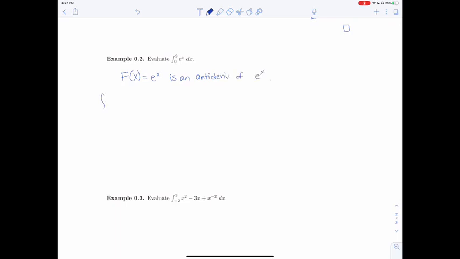So this will be equal to F of 9 minus F of 0, which is e to the 9 minus e to the 0, so e to the 9 minus 1.